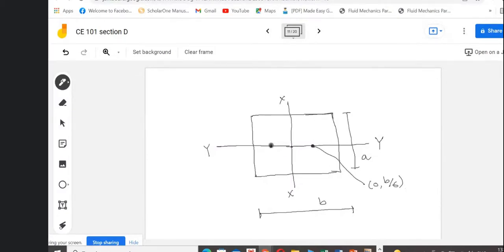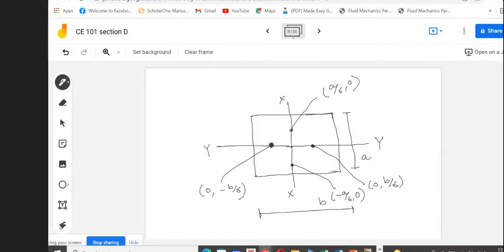This point will be 0, minus b by 6. This point is a by 6, 0, and this point is minus a by 6, 0.